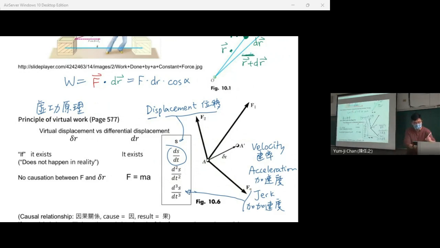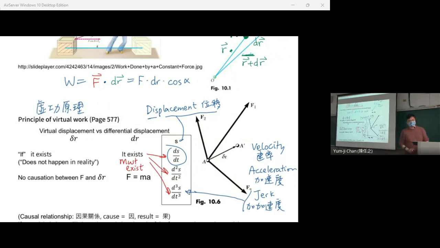First of all, if you go from university to your room this morning or this evening, because you have displacement, and in certain time, you must have velocity, you must have acceleration, you must have jerk.